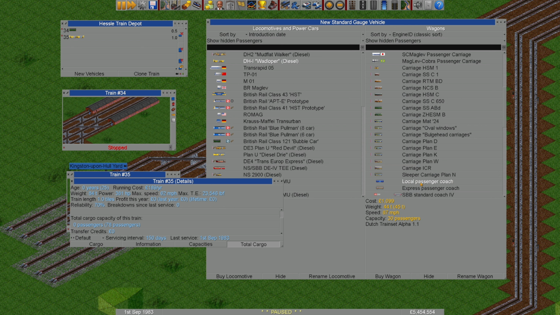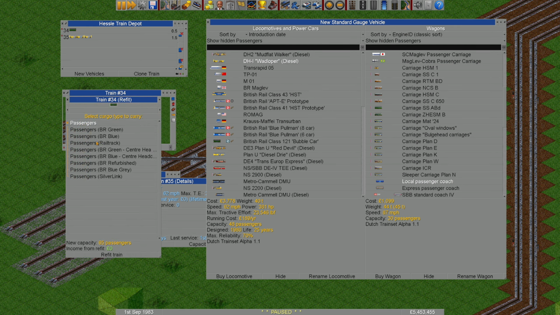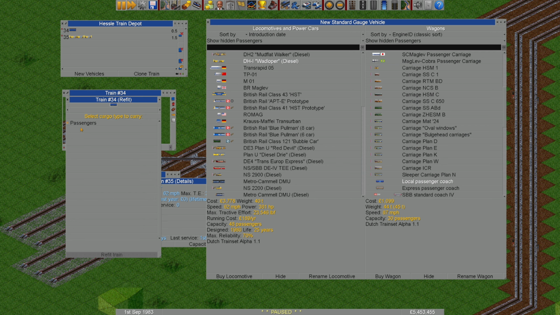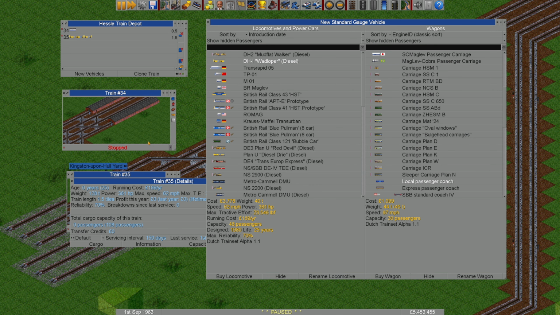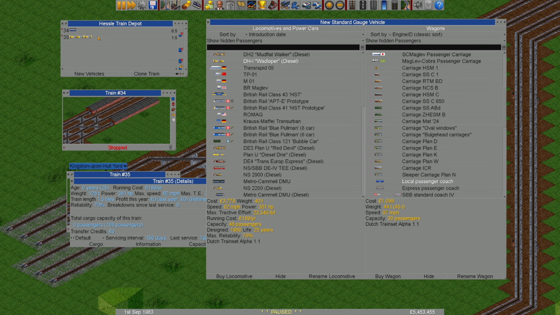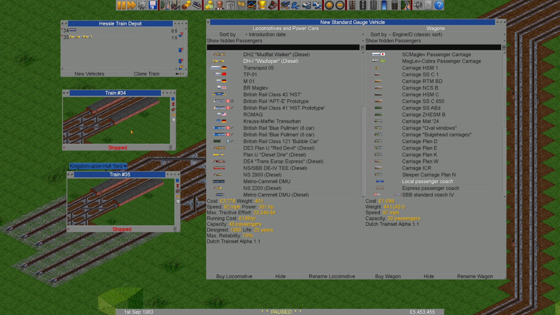So let's see if we can. Maybe let's try that. That looks quite good, doesn't it? The yellowy, unless we change the colour to more of a British Rail blue. Oh no, I don't like that style. See, that's the more traditional livery that we're used to. But I think this Dutch one looks quite good.